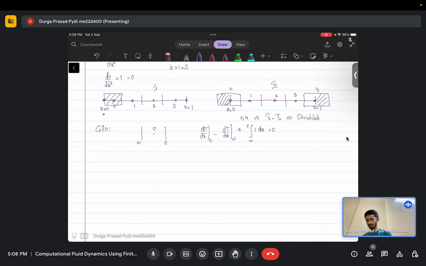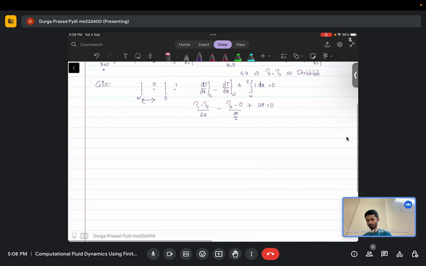On the east face, this is my next cell centroid, so we approximate it as T1 minus T0 over delta x, minus on the west face T0 minus the boundary condition, taken as 0, divided by just the half width here, so that is delta x over 2, plus this source term which you approximate with the mean value. So that is the first equation.